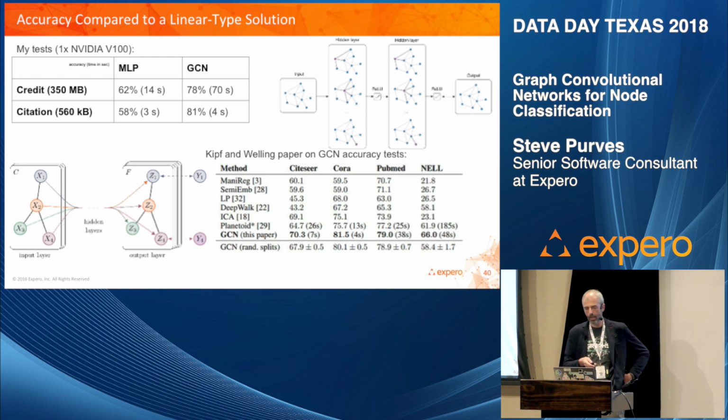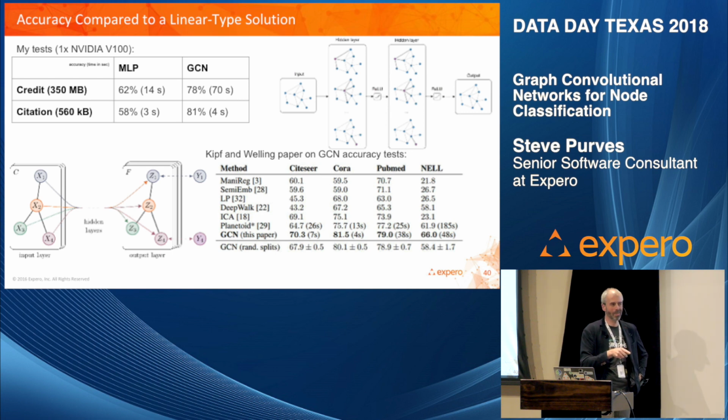And this is what we got out. It took quite a bit of training still. The credit network, we trained on an MLP and on the GCN, and we achieved those accuracies. For the MLP we got 62% accuracy, and for the GCN we got 78, which doesn't beat the random forest that they used over 3 attributes.